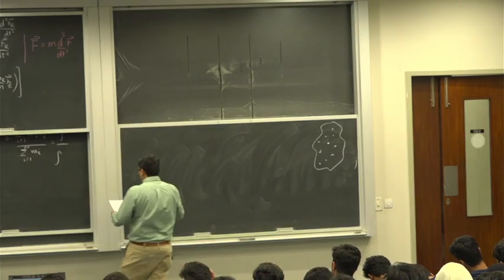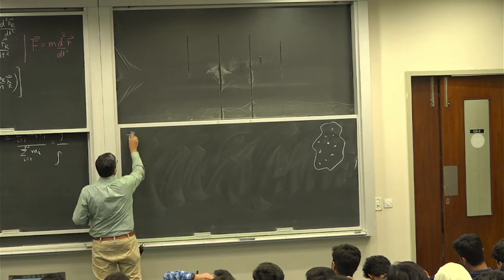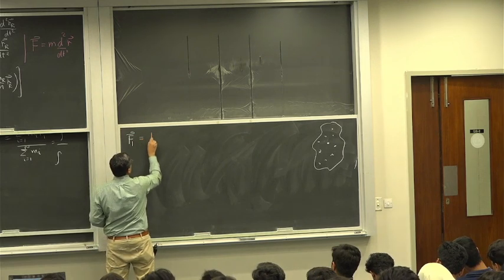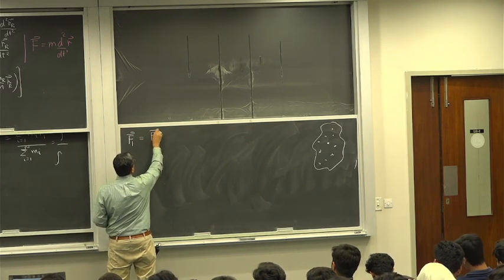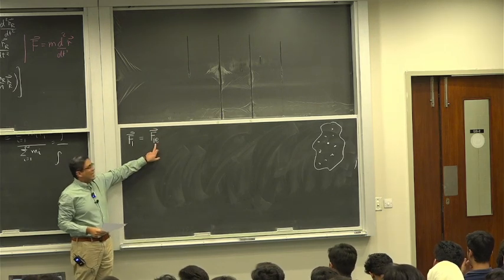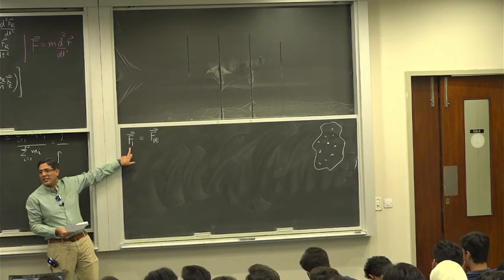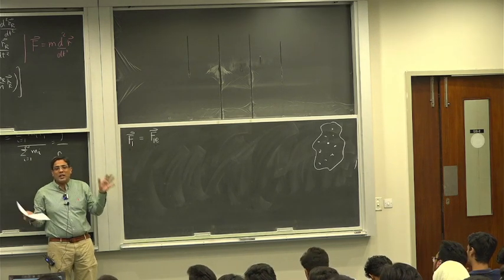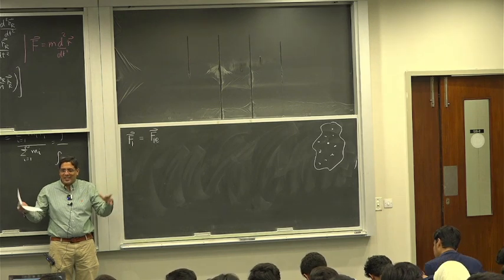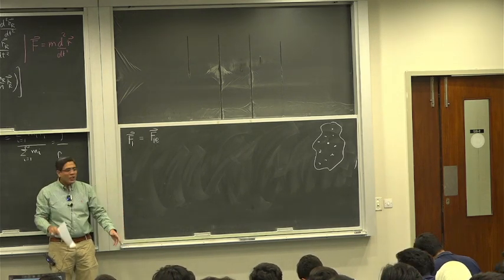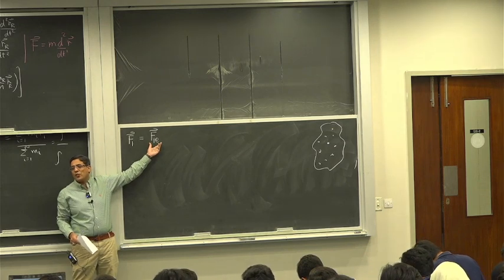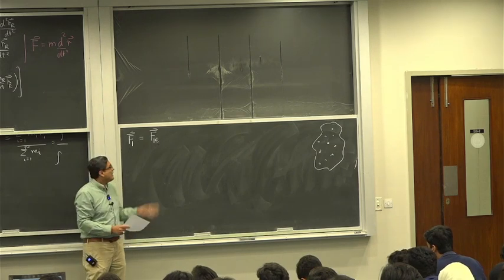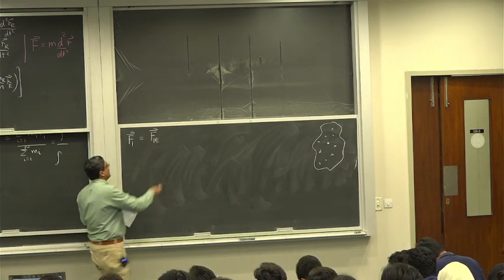So if I were to write all the forces acting on particle 1, what would I write? F1 is all the forces, internal and external, acting on particle 1. I begin with just clumping all the external forces together as Fe1, all the external forces acting on particle 1, and then I move on to internal forces.